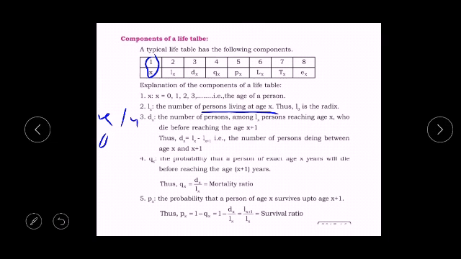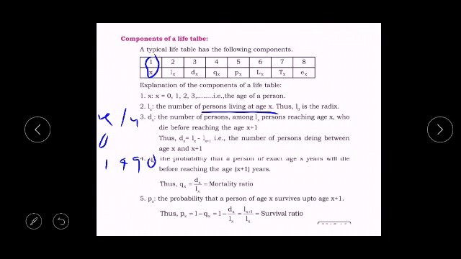The radix is 1 lakh, but I am just taking 1000 children as an example. So when 1 year passes, X is 1, and out of 1000 people only 990 children are there at present. That means at 1 year of age, 990 individuals are living.